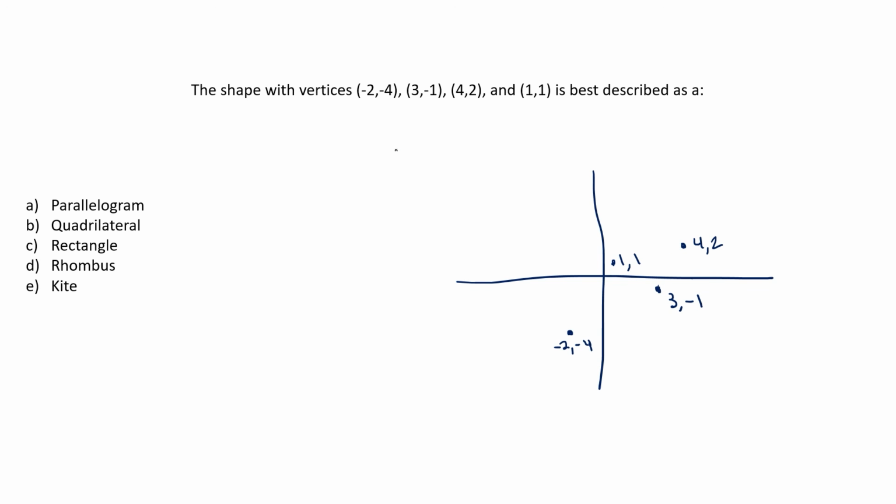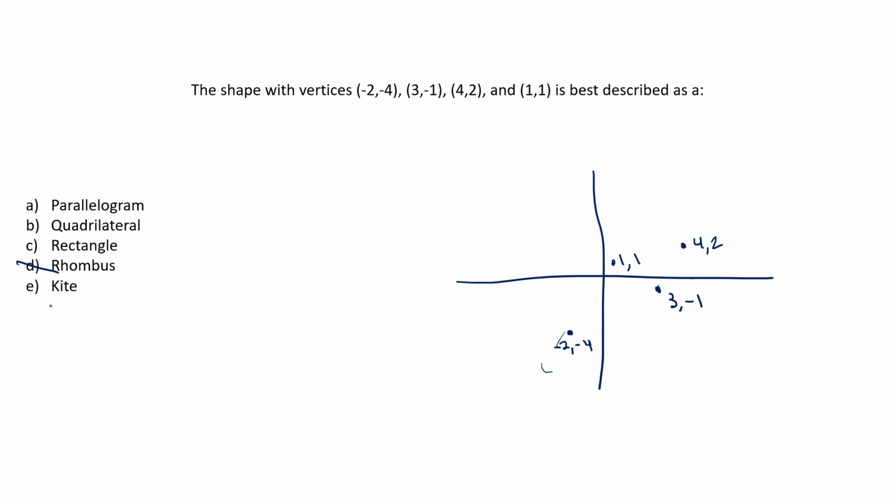Go for it. Anyways, we can see that this is probably not a rhombus just because this side length and this side length are going to be a lot longer than these two, just based on the relative places. And trusting your sketch and sketching as accurately as you can will help you get through these quickly. So I know it's not a rhombus.